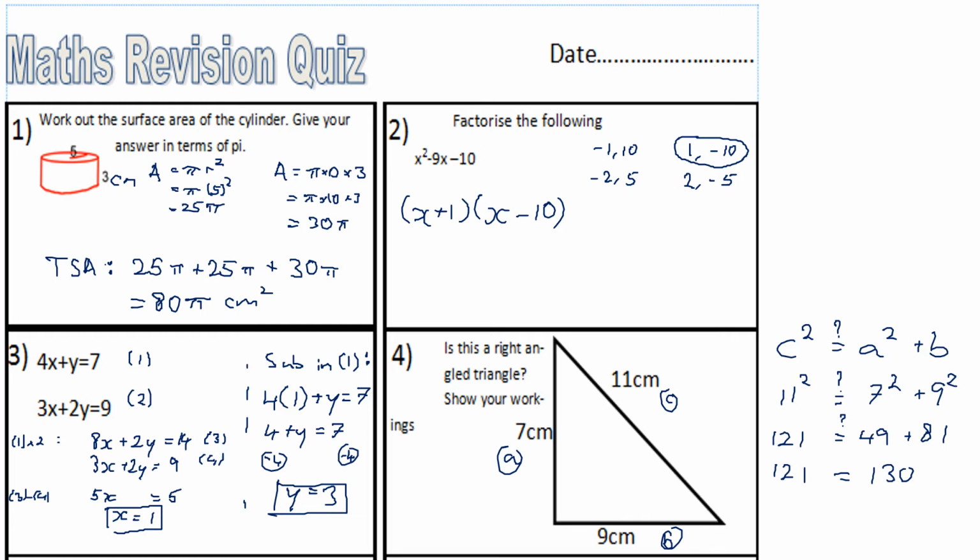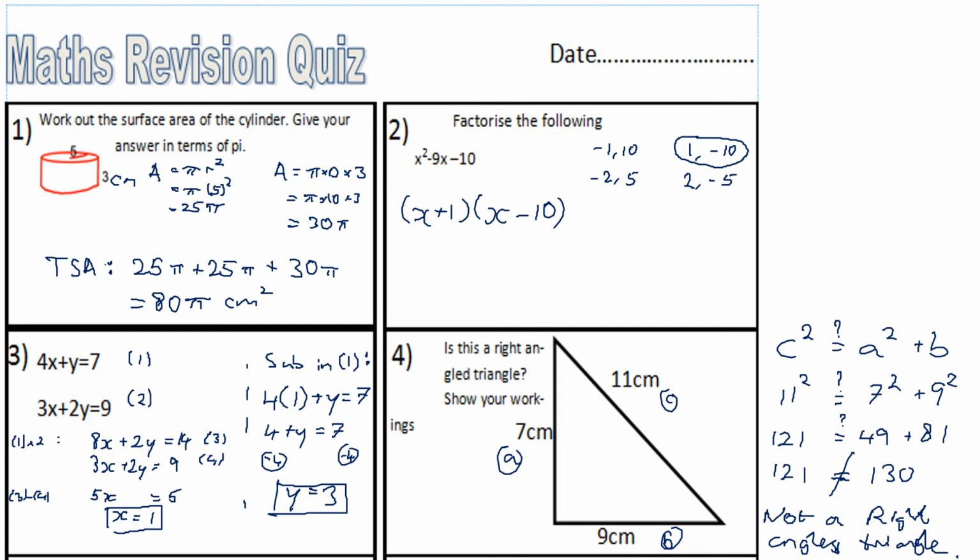So of course 121 is not equal to 130, so it is not a right angle triangle.